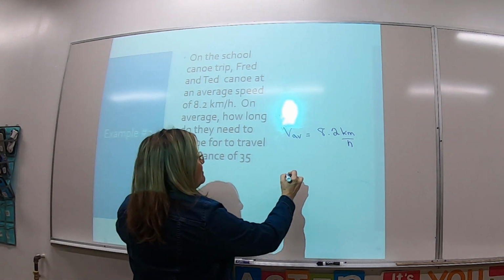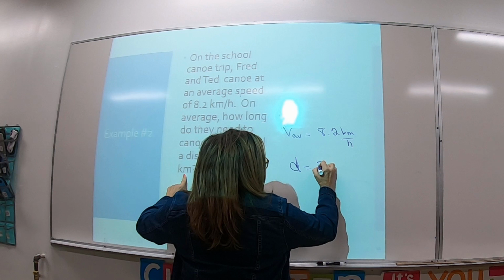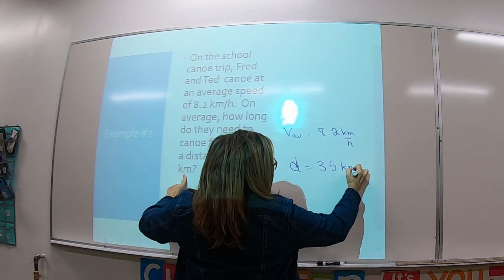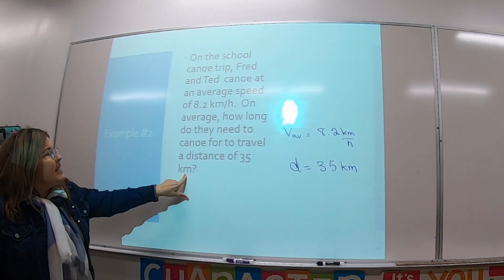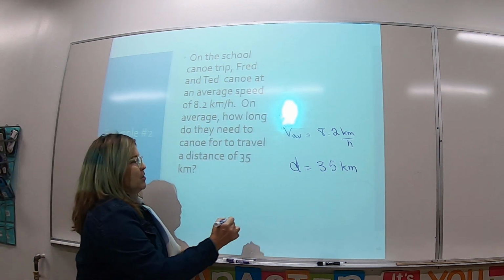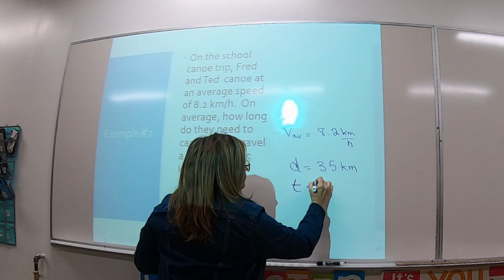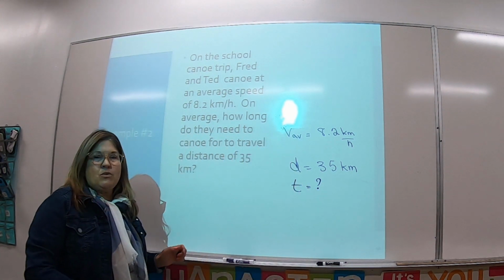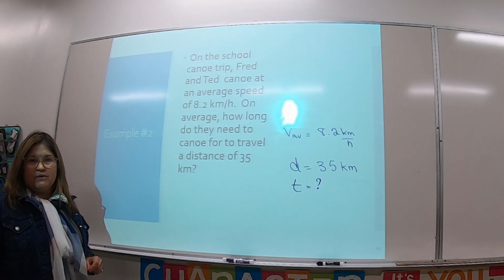So my D value is 35 kilometers. And it says, how long do they need to travel? So I am looking for time. Write down what I know and what I'm looking for.